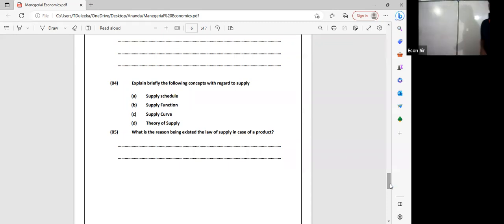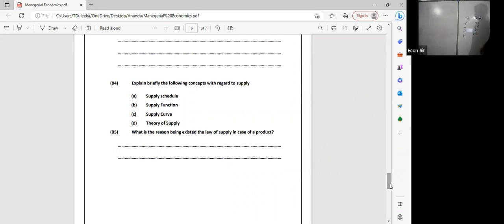Supply schedule is like this. Px: 5, 10, 15, 20. Qsx: 100, 125, 150, 175.